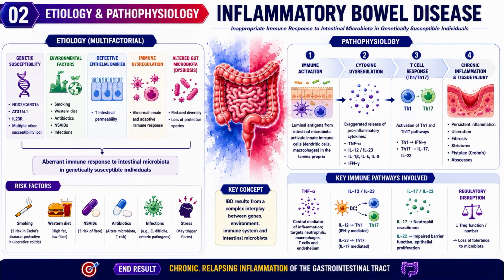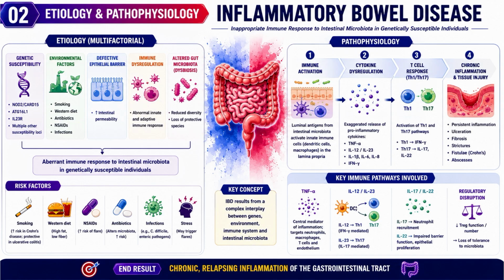Now, let's understand the etiology and the pathophysiology of IBD. The etiology is multifactorial. First factor is genetic susceptibility. Genes like NOD2, ATG16L1, and IL23R. Second, environmental factors: smoking, Western diet, antibiotics, NSAIDs, etc. Third, defective epithelial barrier.